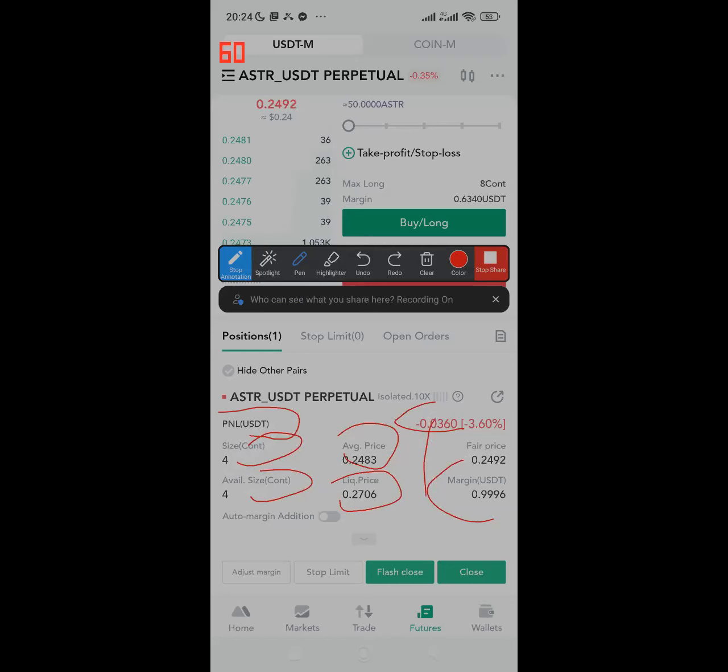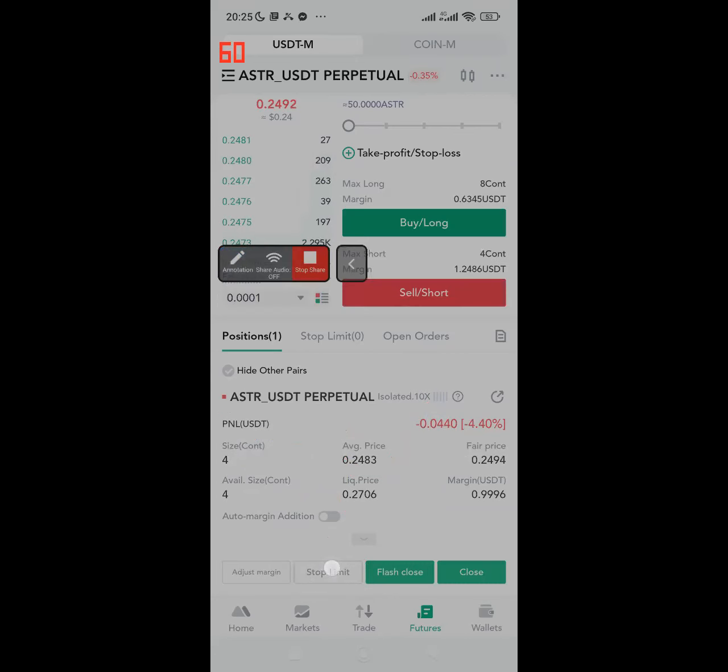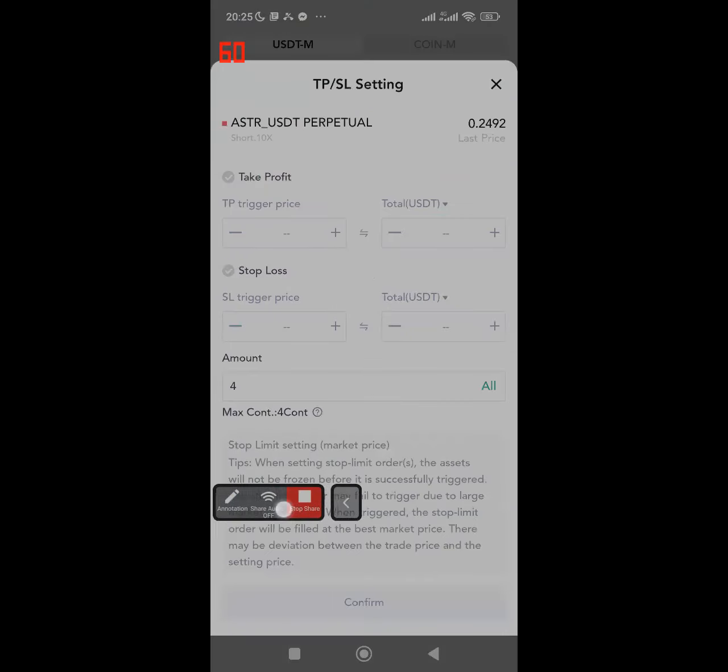If you want to set your stop loss and your take profit, you just have to click here. You click stop limit, and once you click stop limit, it opens a box for you to set your take profit trigger price and stop loss trigger price.